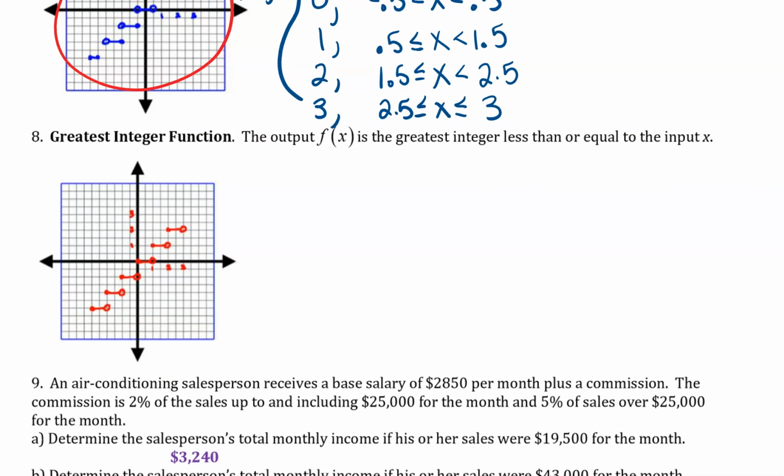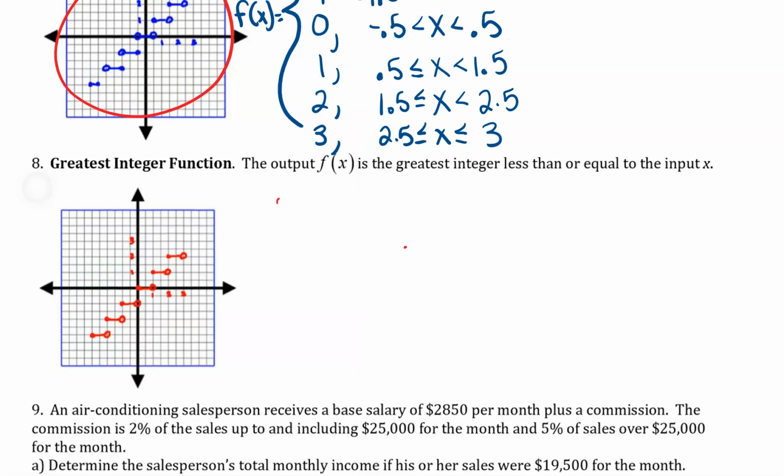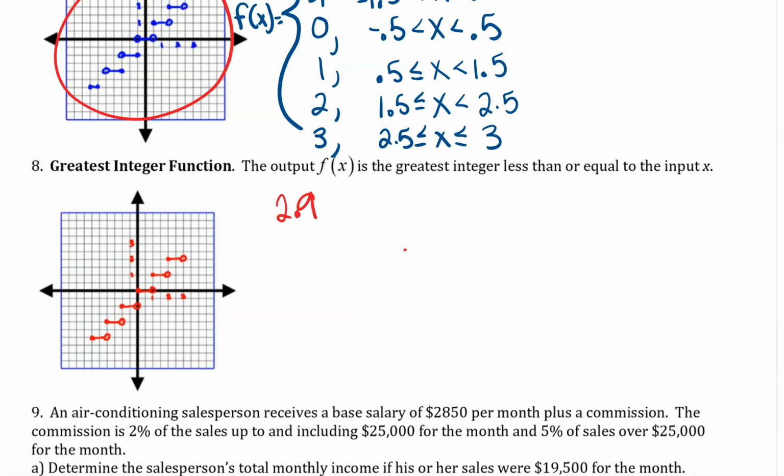The next one is similar, except it's not the traditional rounding rules. It's saying that the output, so the answer you get out, is the greatest integer that is less than or equal to the input. So what that means is if I plug in like 2.9, 2.9 is going to round down in this case because it says the output is going to be the greatest integer that's less than or equal to that.